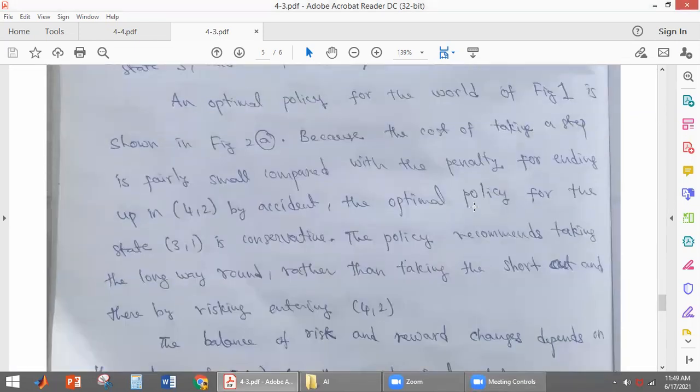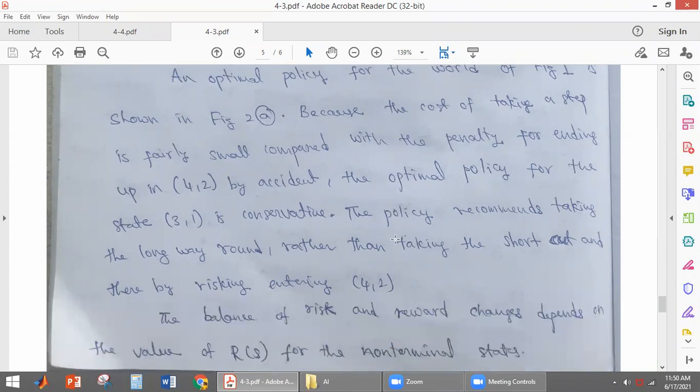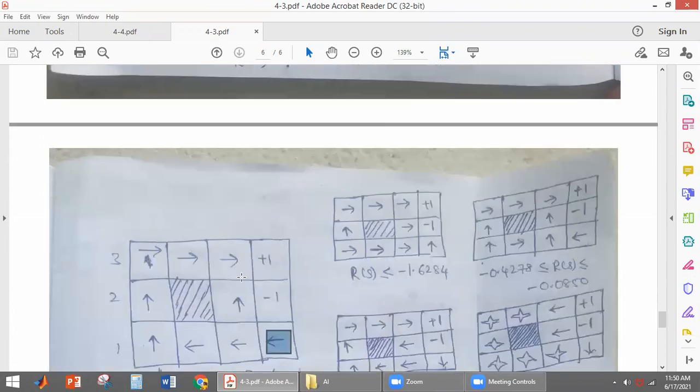So figure 2(a) is the optimal policy because the cost of taking each step is very small. What is the reward for each and every non-terminal state? Minus 0.04 is the reward for each non-terminal state. That reward is very small compared to falling into this risky state.